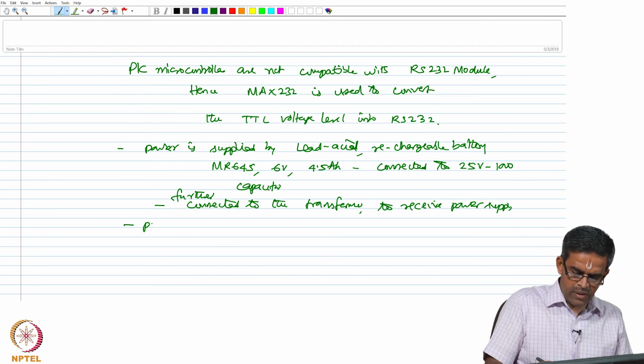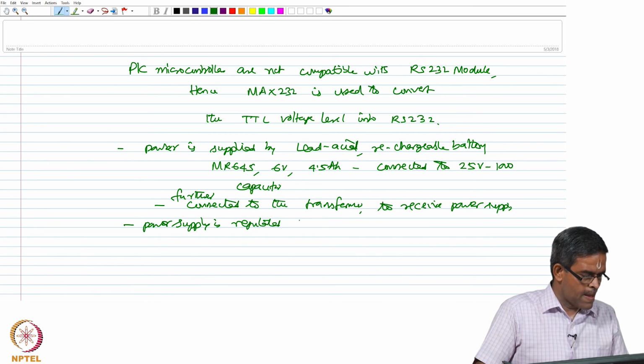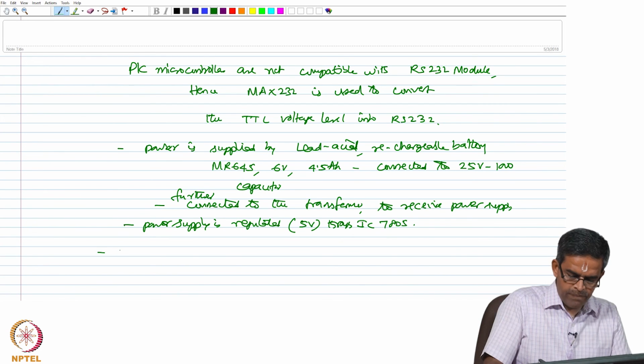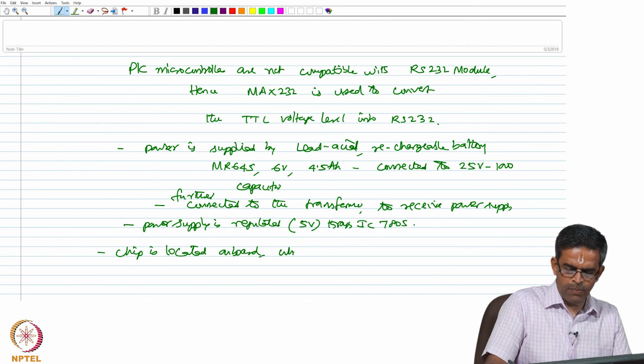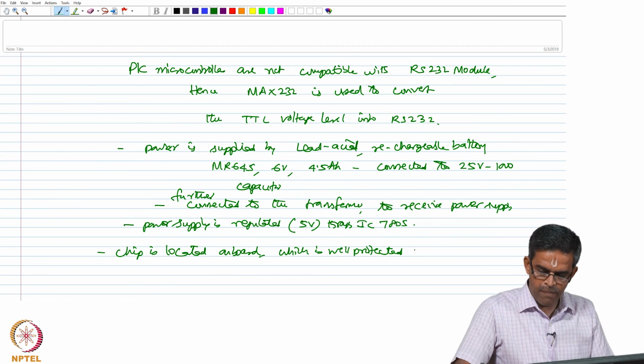The power supply is regulated, which is 5 volt through IC 7805 chip. This chip is located on board which is well protected by a hard cover.